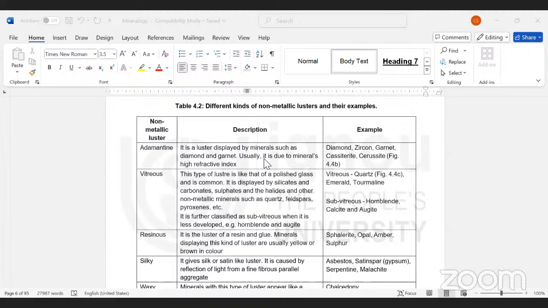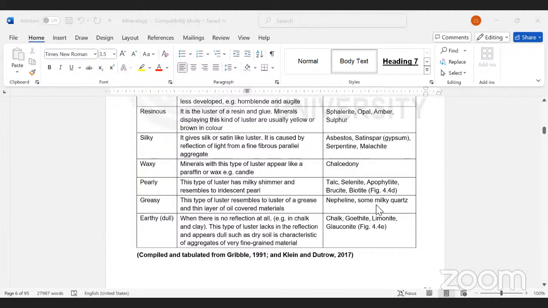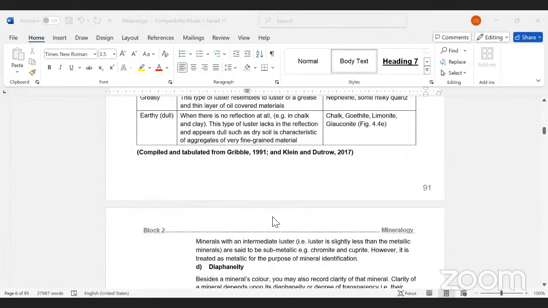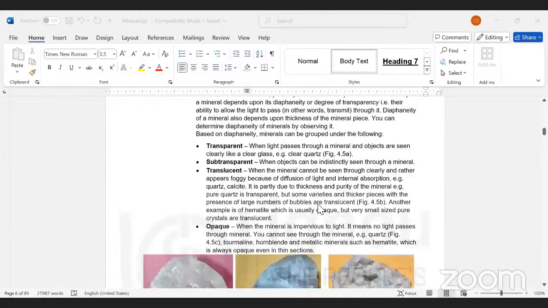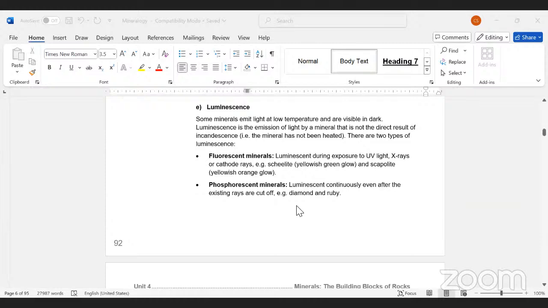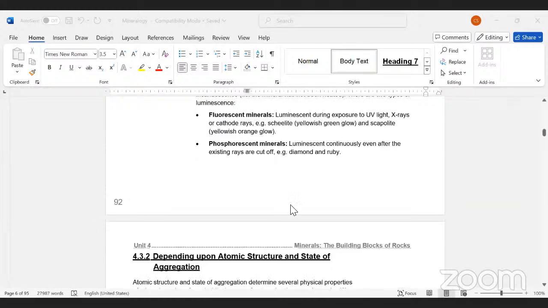Resinous, silky, and dull lusters are also mentioned. We have no time, so I'm moving very fast. Transparent and translucent properties we can also see, and some fluorescent and phosphorescent minerals, but there is no need for that.